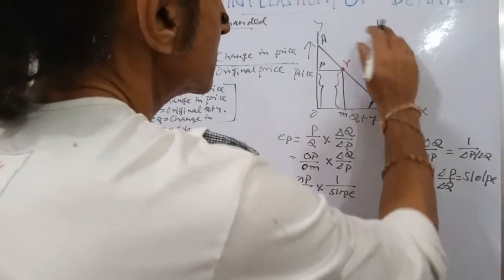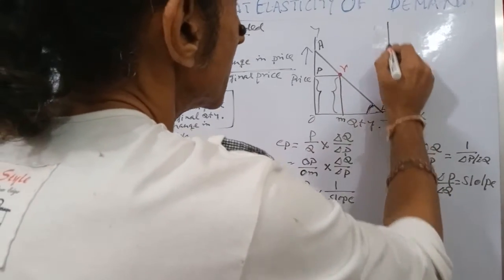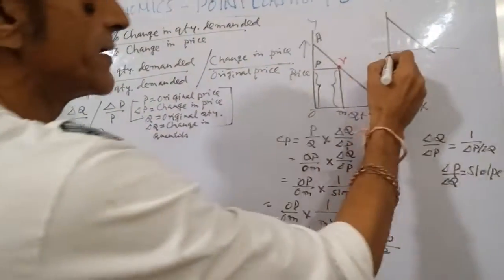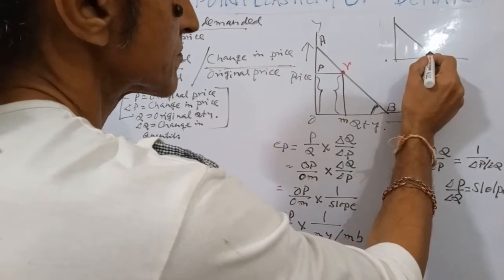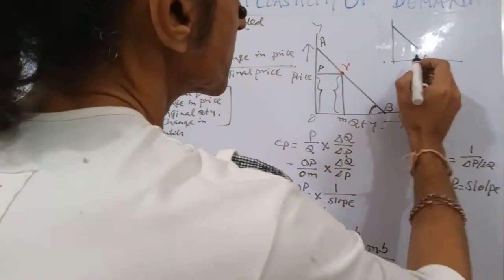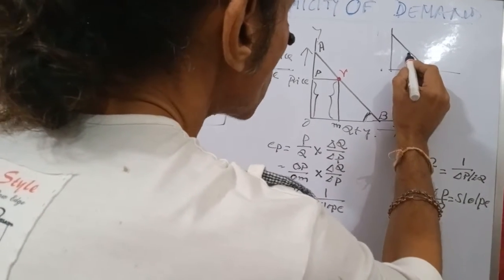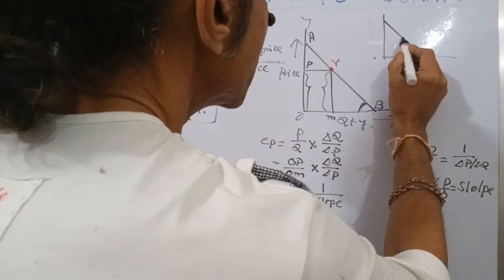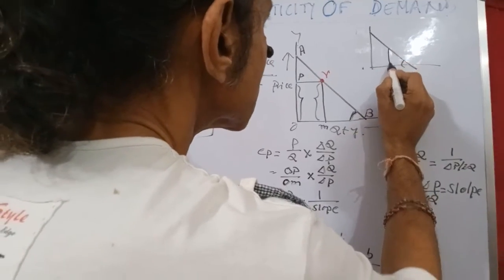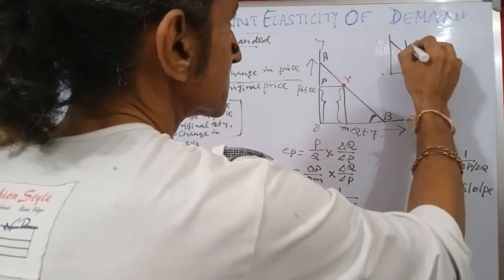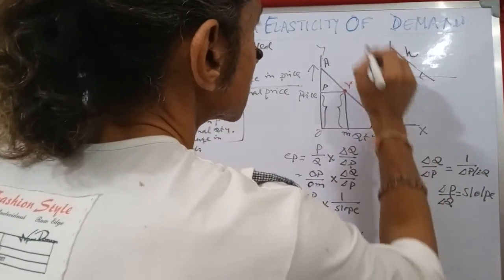Now consider a right angle triangle. In a right angle triangle, if a perpendicular is drawn from the hypotenuse on the base, this is hypotenuse, this is base, and this is perpendicular.